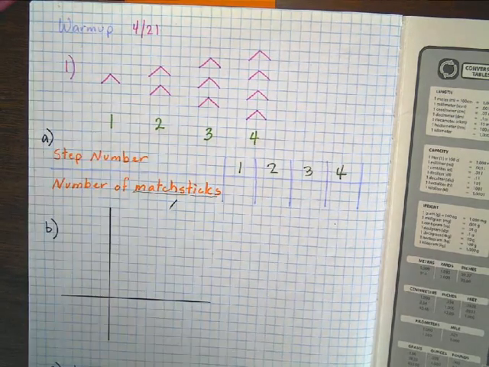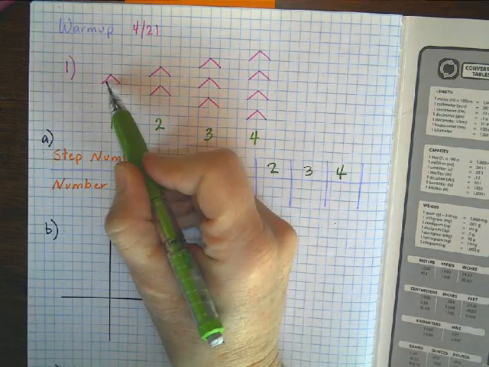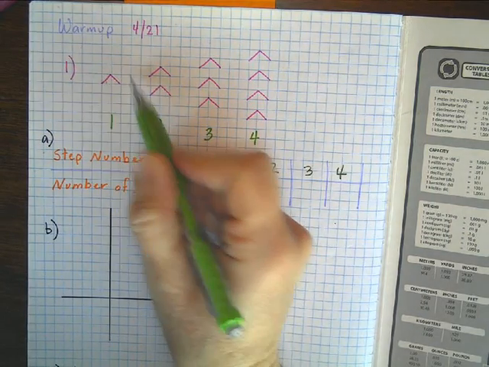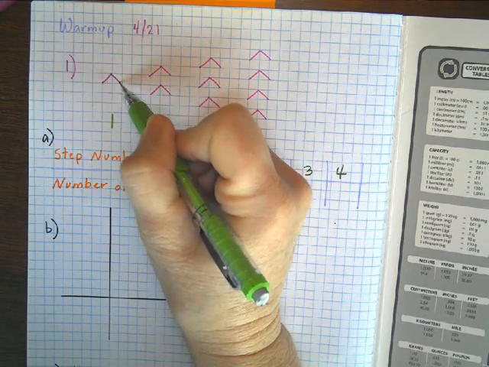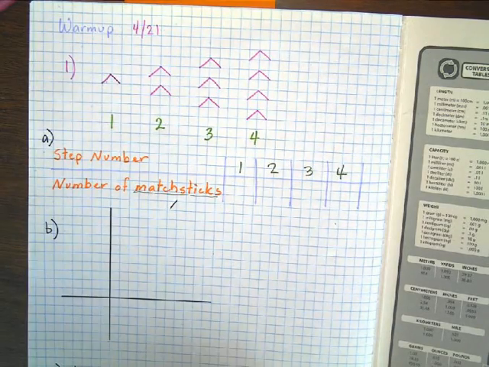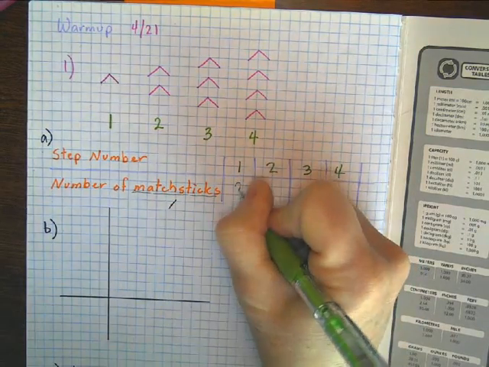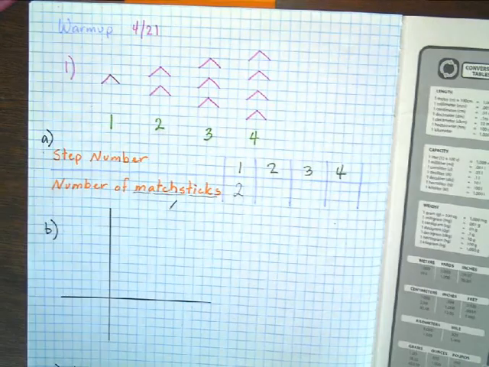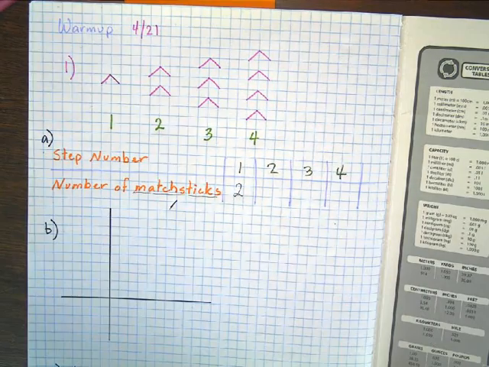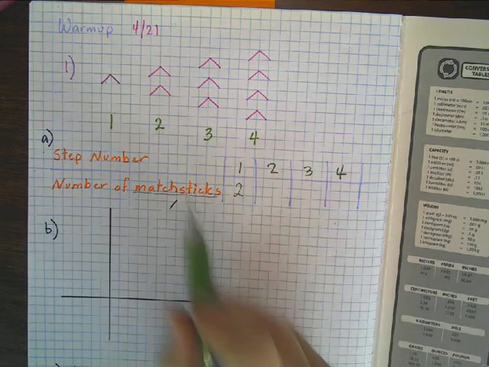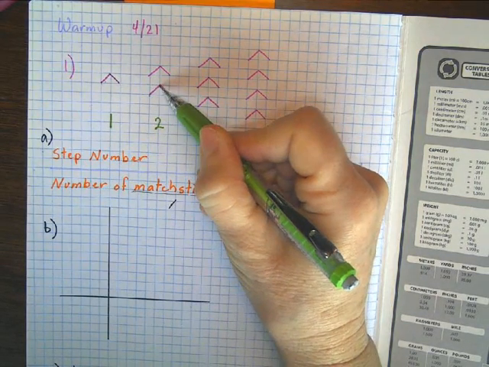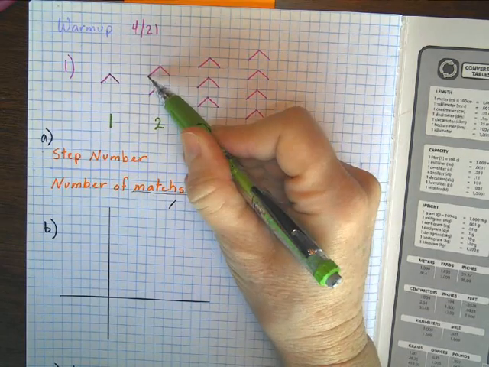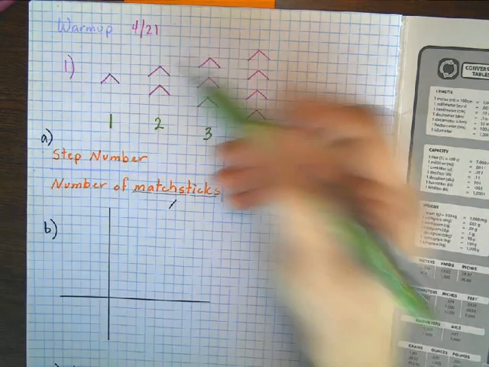So if I look at the first step here, how many matchsticks are there? There's 1, 2. There are 2 matchsticks. So we're going to put a 2 right here. Okay, for step 2, how many matchsticks are there? There are 1, 2, 3, 4. There are 4 matchsticks.